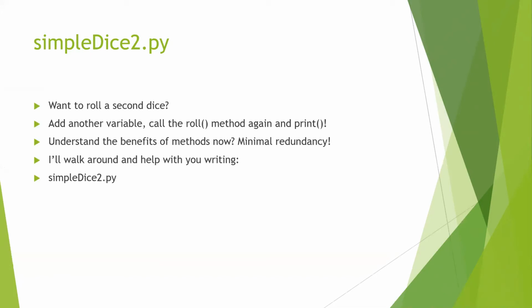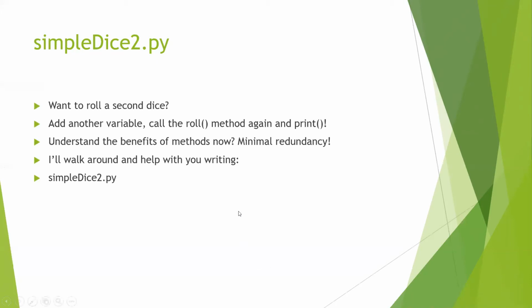And so to roll the second dice, we just call the roll method again because we assume all the functionality is being taken care of by the roll method. So we don't have to worry about that. That is the benefit of coding step by step.